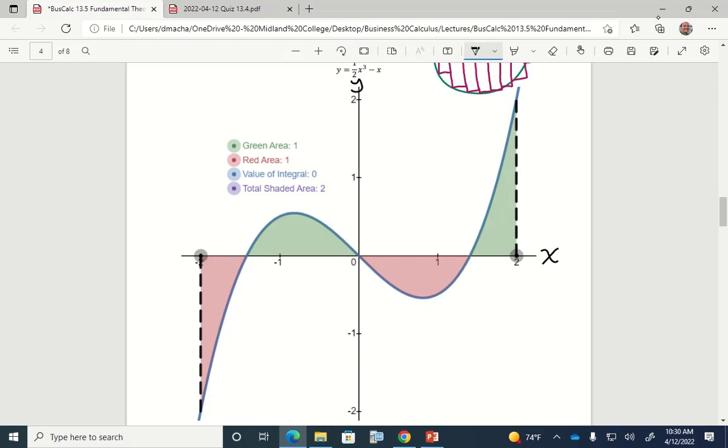If you add up these two areas, these sum to 1. Also, if I add up these red areas, these sum up to 1. So you might see that the total shaded area was 2, because 1 plus 1 is 2. But the value of the definite integral is going to count the red as being negative and the green as being positive. And so the definite integral is going to give me a value of 0.